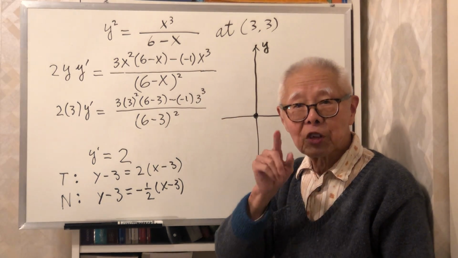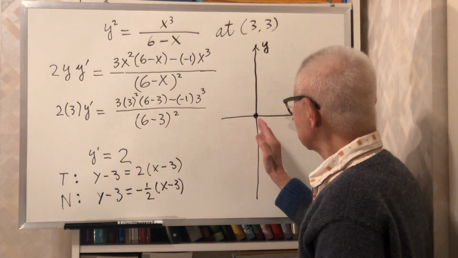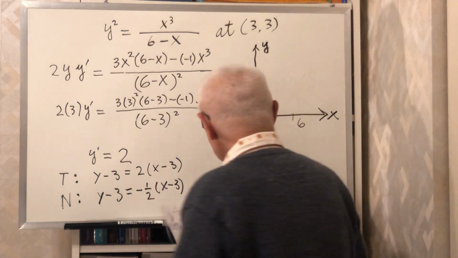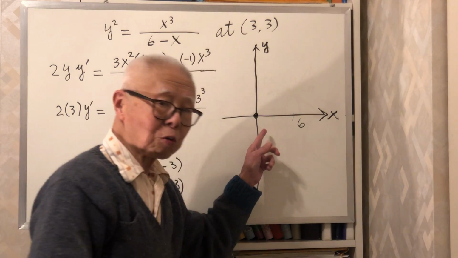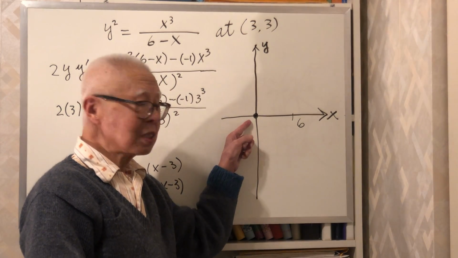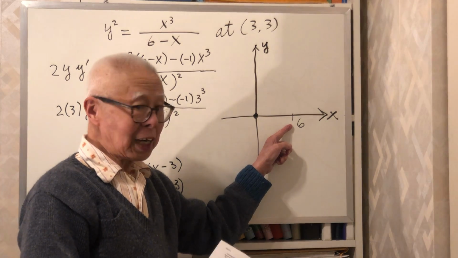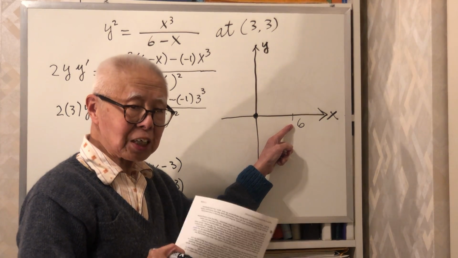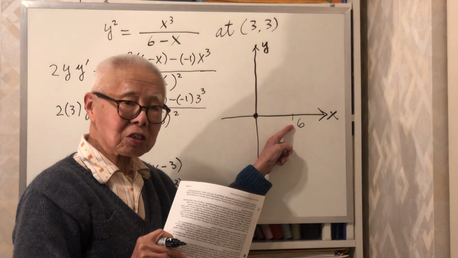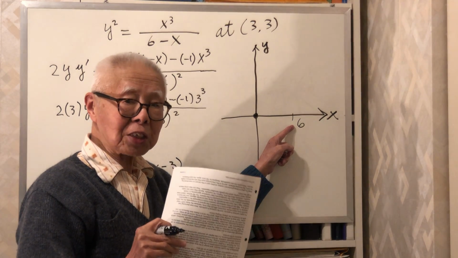Therefore, the graph is only between the origin and 6. And remember, x cannot be 6. When x is 6, the right-hand side is undefined.